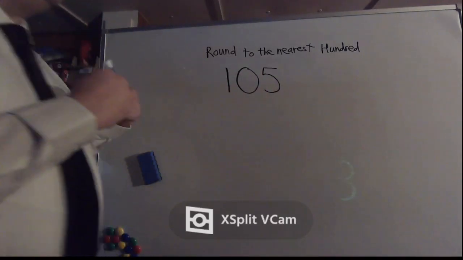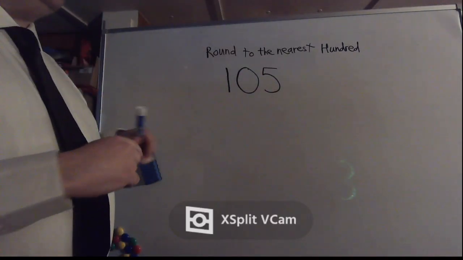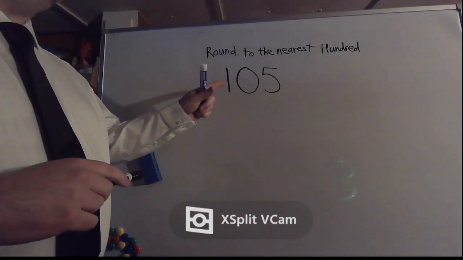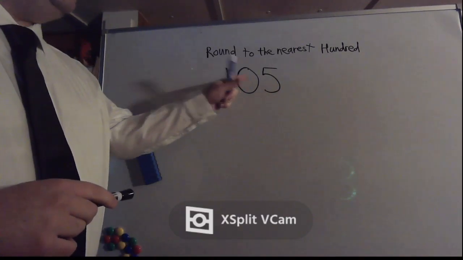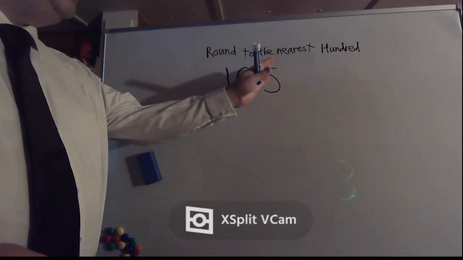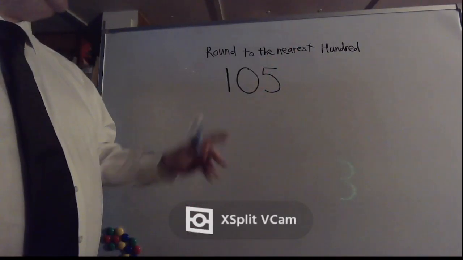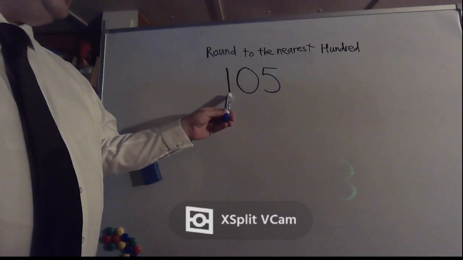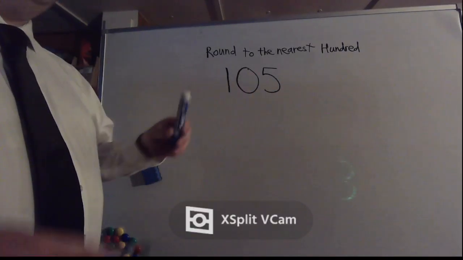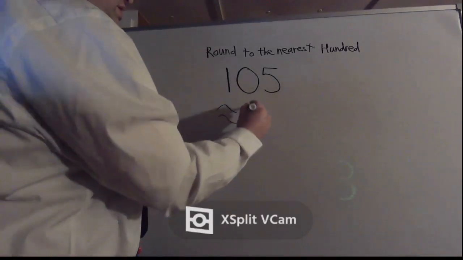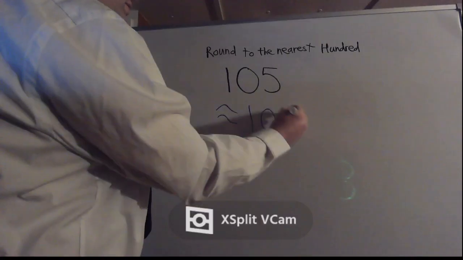If you want to round to the nearest 100, you locate your digit in the hundreds place, which is a 1. Focus on the digit immediately to the right of that, which will be 0. We don't care about the ones place, which is 5, if we're rounding to the nearest 100. We only care about the digit in the hundreds place, which is 1, and the digit immediately to the right of that, which is 0. Rounding to the nearest 100 would give you approximately 100.